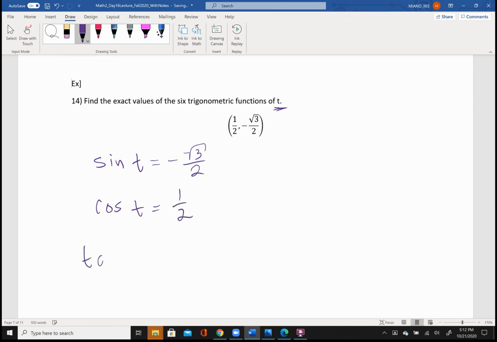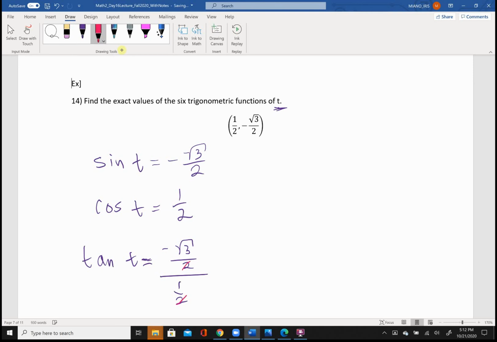The tangent of t is going to be the ratio of y over x, which is the negative root 3 over 2 over 1/2, where the 2's are going to cancel out.